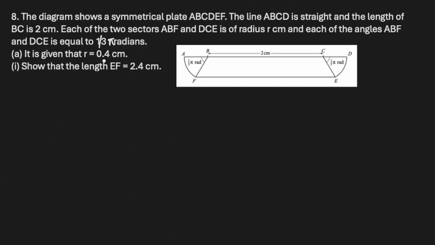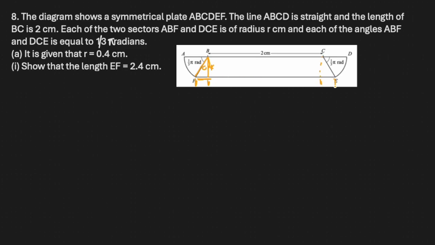It is given that the radius is 0.4. Show that the length EF, this one, is 2.4 centimeters. So this line is 0.4. If I somehow find this length, the same will be the length here.